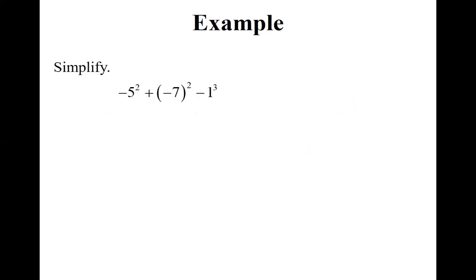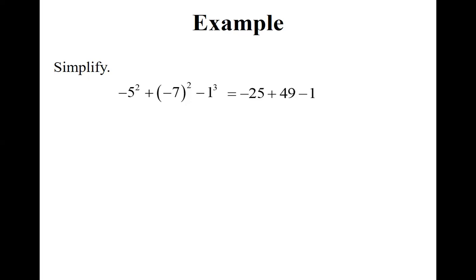There's some negatives in this one. -5 squared, no parentheses, plus (-7) squared with parentheses, minus 1 cubed, no parentheses. Well, for the cubes, it doesn't matter whether we have parentheses or not. For the squares, it definitely does.